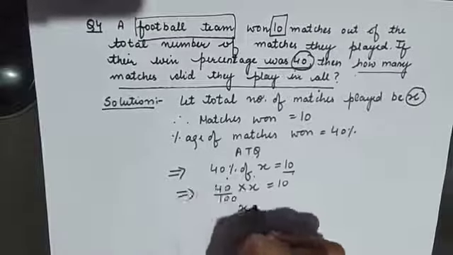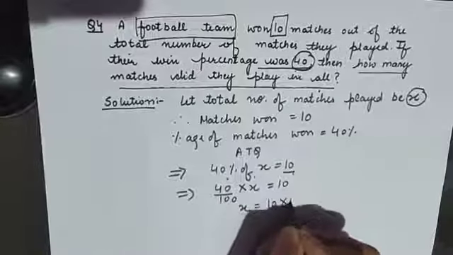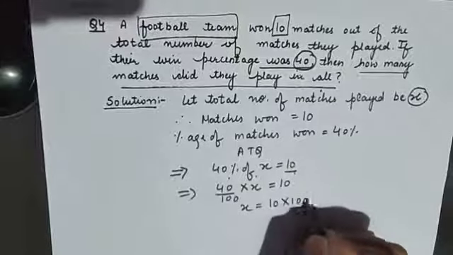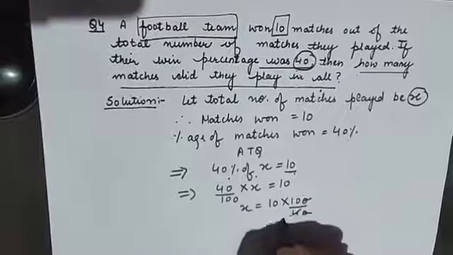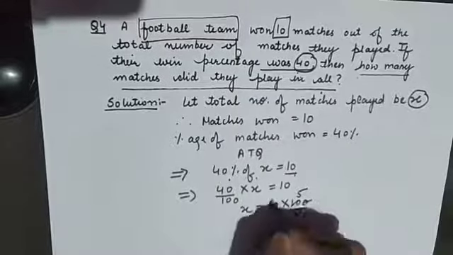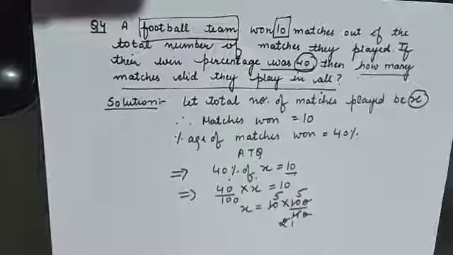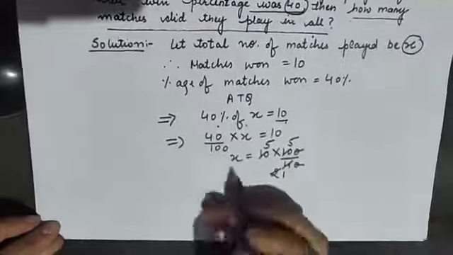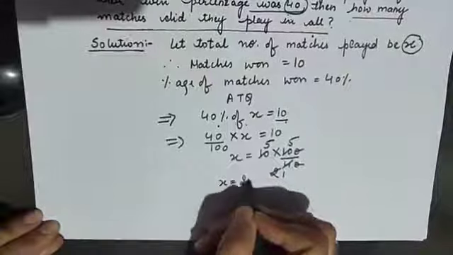So x is equal to 10 into 100 upon 40. So the 10 and 10 will be cancelled. 2 2s 4, 2 5s 10, 2 1s 2, and 2 5s 10 here. So the answer will be x is equal to 25.